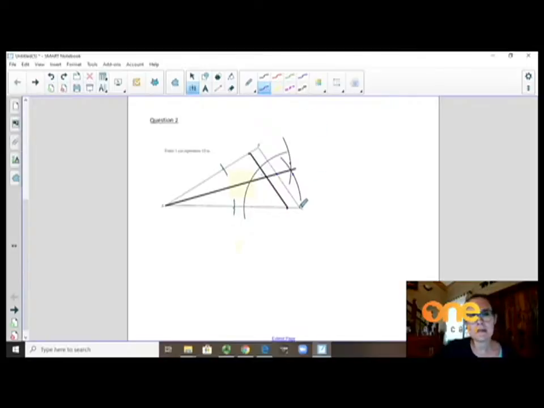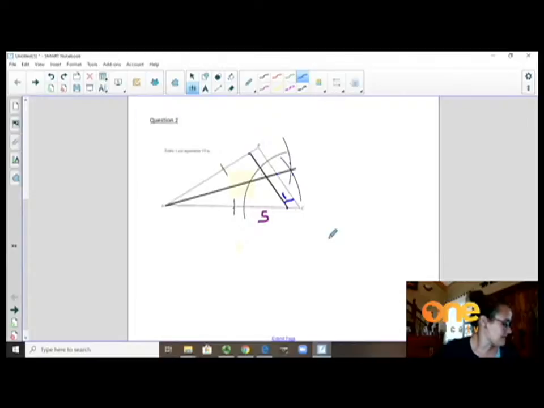So take your compass, measure on your ruler 5 centimeters, and from C, measure out your 5 centimeters. There's your 5 centimeters, and you rule your angle bisector, your circle around point C, 5 centimeters. Remember, that one is only 1 centimeter between these two lines.